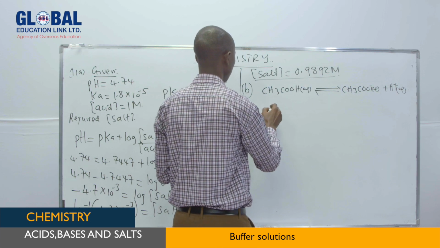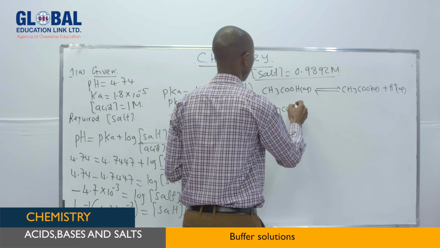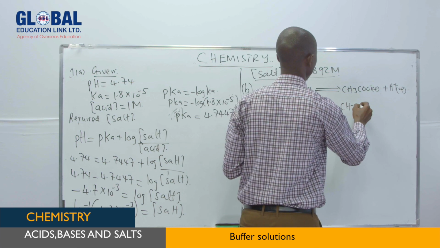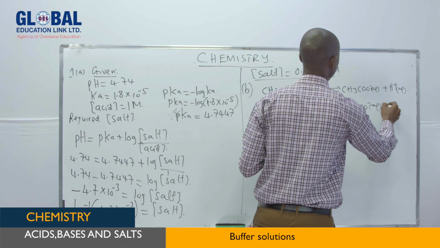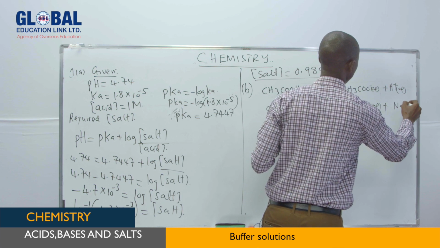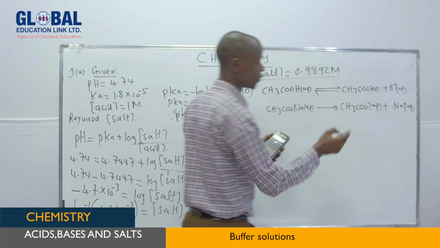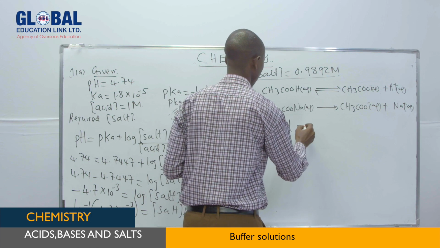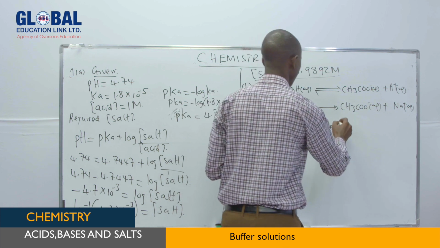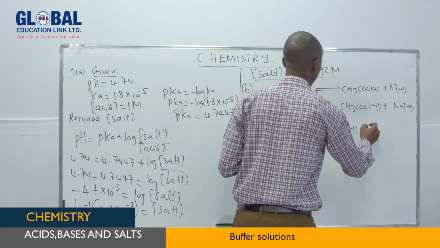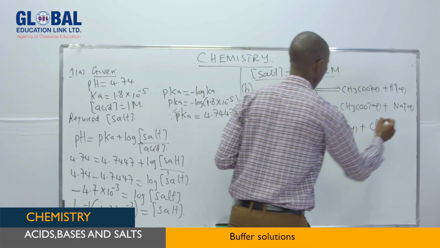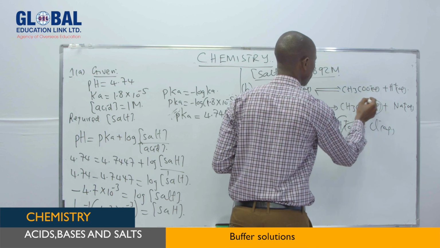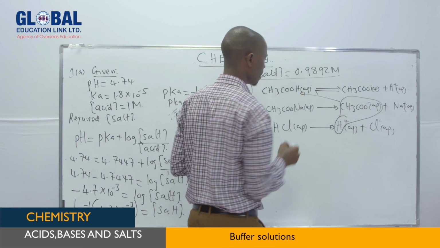We have also the sodium acetate which ionizes completely to give the acetate ion and sodium ion. Now from there, hydrochloric acid is added. When it is added, it ionizes completely to give hydrogen ions and the chloride ions. As we have said that these ions will combine with the acetate ion to give this acetic acid.